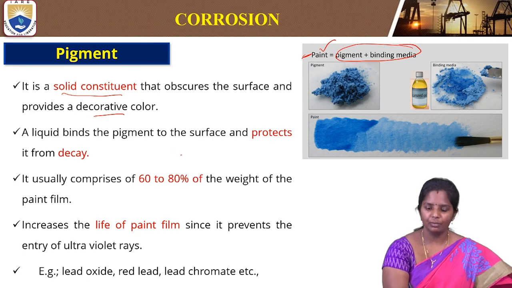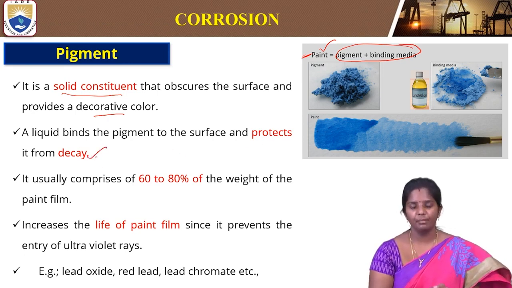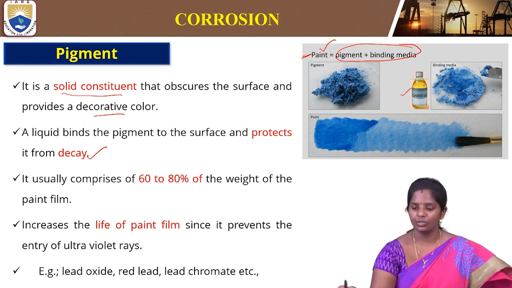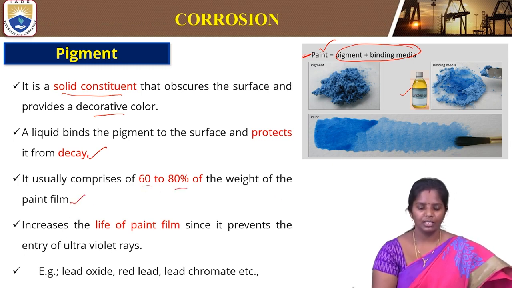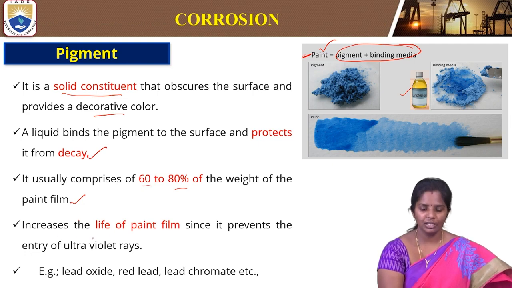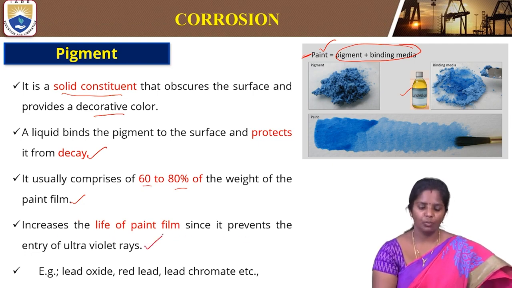The binding medium is a liquid that binds the pigment to the surface and protects it from decay. Usually 60 to 80% of the weight of the paint film consists of pigment, and it increases the life of the paint film since it protects from ultraviolet rays.